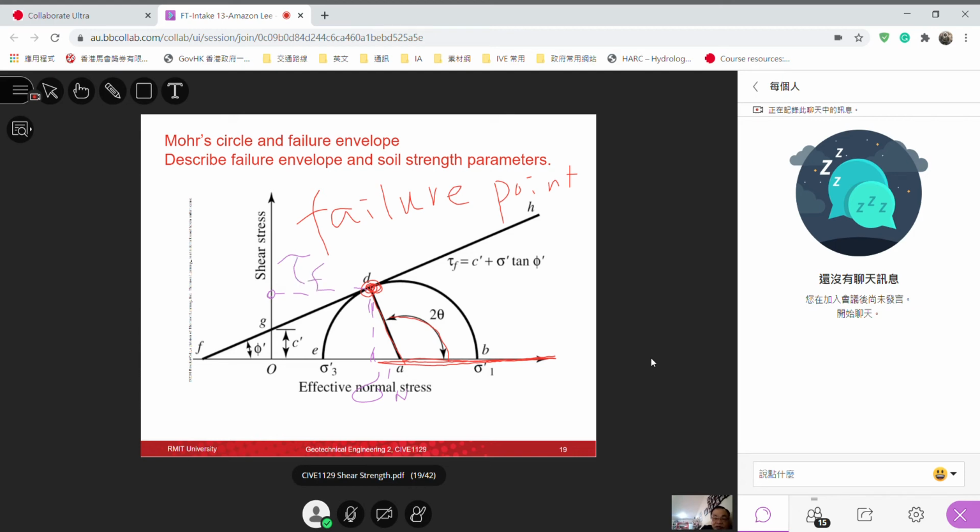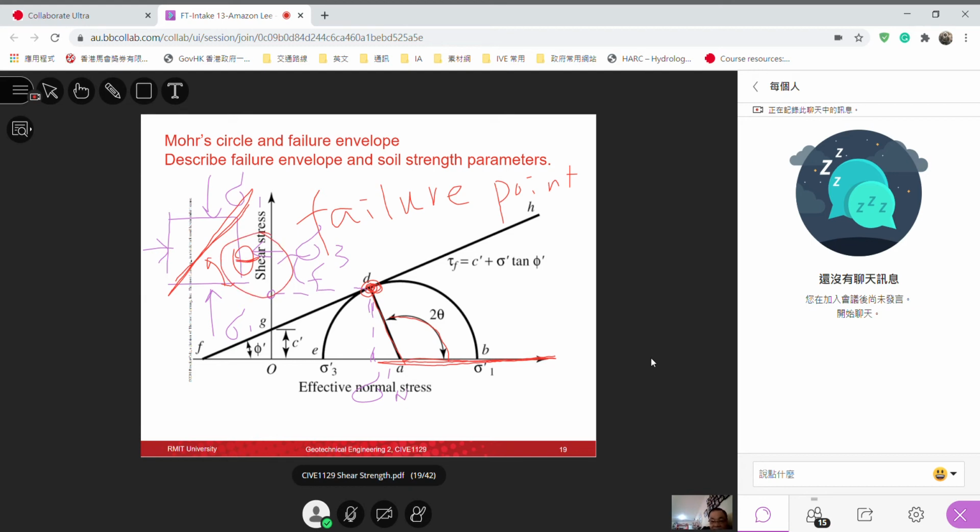So solve element 呢？呢個 major principal stress. This is major principal stress. This is minor principal stress. This is the potential slip plane. Okay. This angle is theta. Okay. It's related.